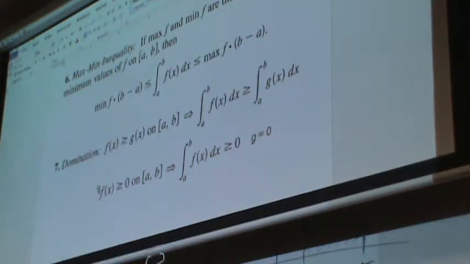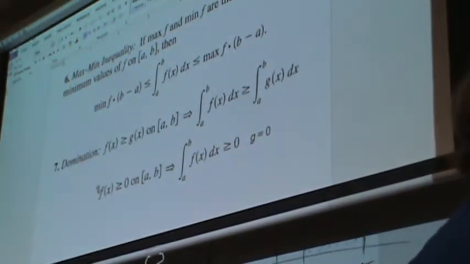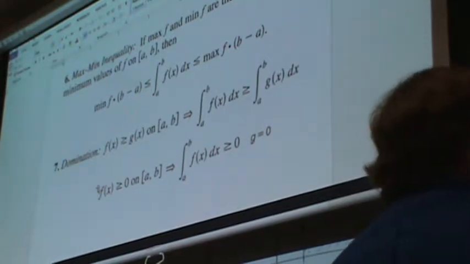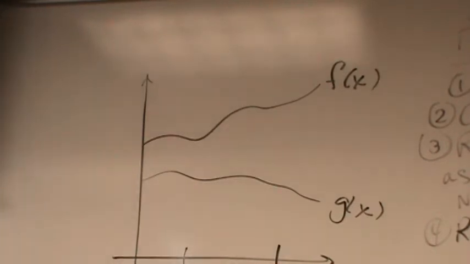Yes, Lauren. I think it's saying that if you have graphs f of x and g of x, and f of x is graphed higher than, or greater than, g of x, the area below f of x would be greater than the area below g of x. Okay, so here's f of x and here's g of x. Let's say I'm taking the integral from a to b.